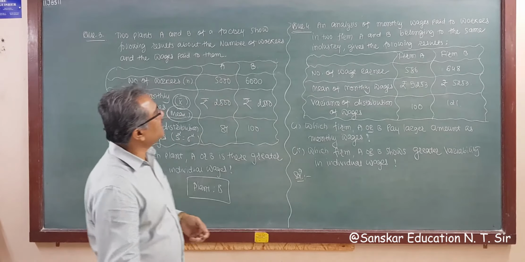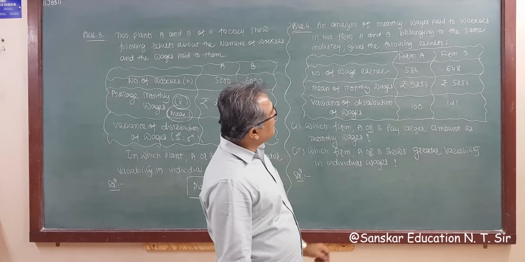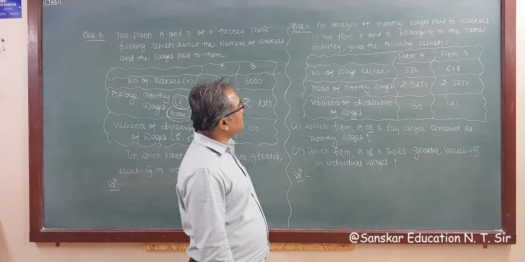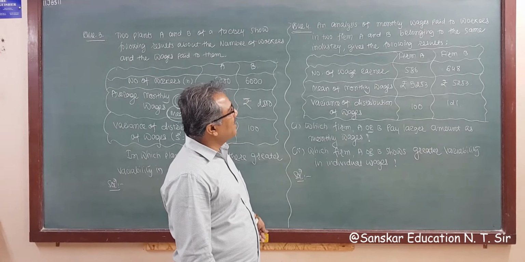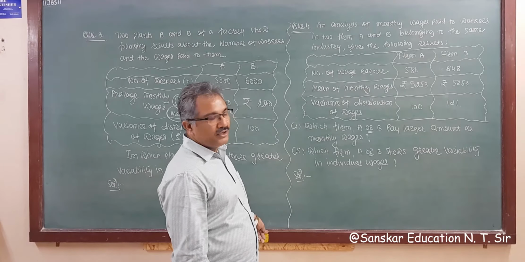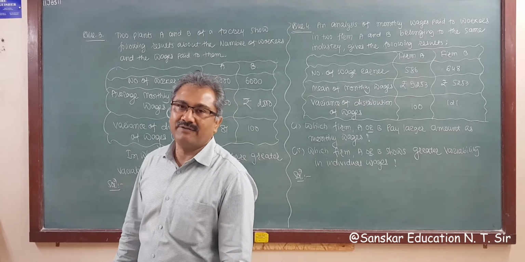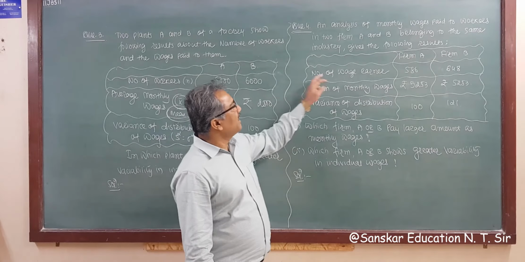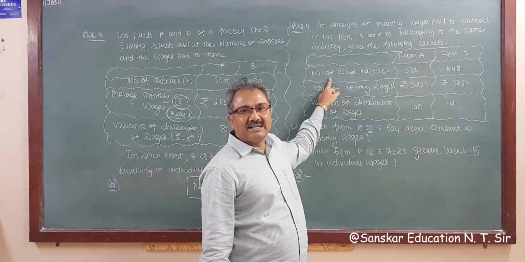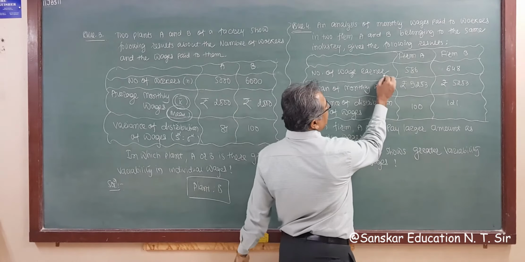Then another question is question number 4. An analysis of monthly wages paid to workers in two firms A and B belonging to the same industry gives the following results. Here again, a comparison of firm A and firm B is given. First, the number of wage earners, that is the number of workers, N, is given.